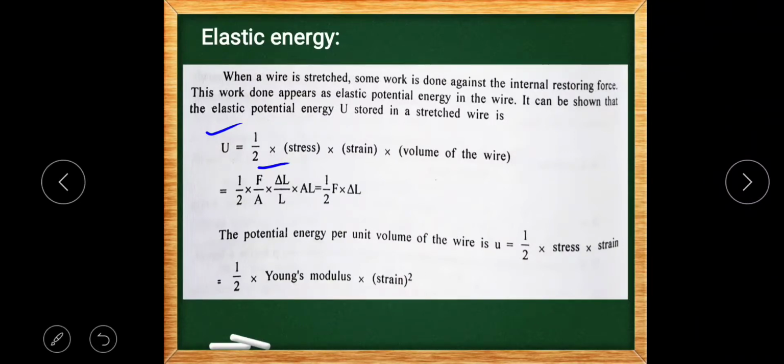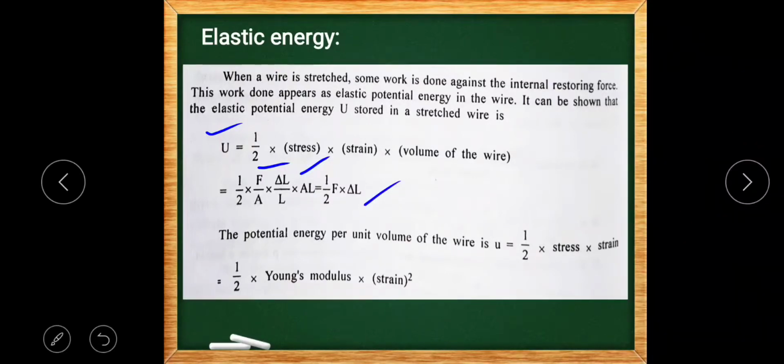Hence, here strain is written as delta L by L. The volume of the wire is area into length. On simplifying, we will get 1 by 2 into F into delta L.